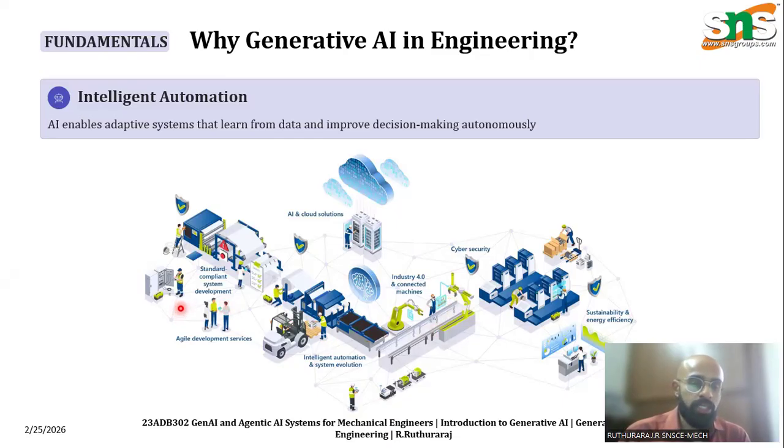Then your assembly floor can also be automated. So everything is automated and everything is connected to the cloud. Then each system can communicate with each other effectively and overall process efficiency will be improved. So that's the advantage of this generative AI system.